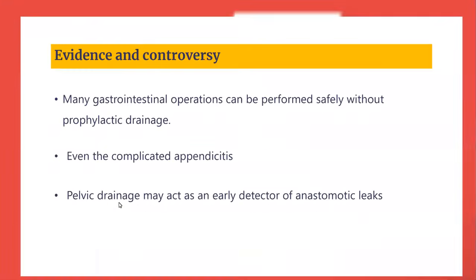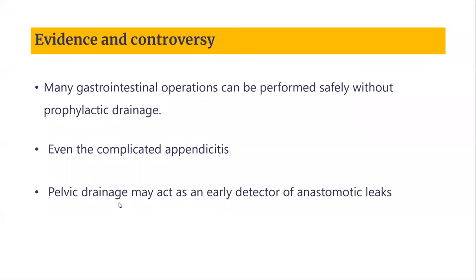Evidence-based medicine. We're going to talk about evidence-based medicine that many gastrointestinal operations can be performed safely without prophylactic drainage. And drains should be omitted after hepatic, colonic, and rectal resection with primary anastomosis, and appendectomy at any stage of appendicitis.